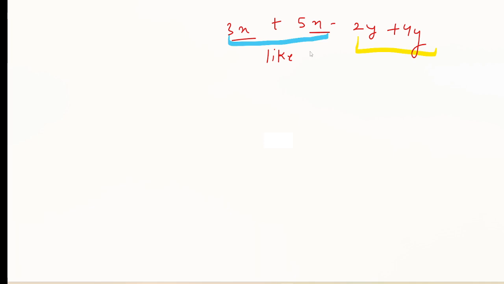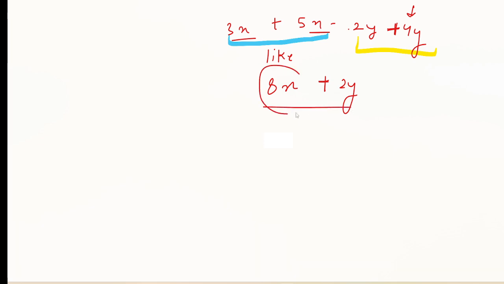So we first need to group like terms whenever we are solving any algebraic expression. So we can just put a bracket, or let's just add it directly. 5 plus 3 is 8x, and then 4 minus 2 is 2y. Because the bigger number is 4, it has a positive sign, so that's why I'm putting a positive sign. So this is your answer.